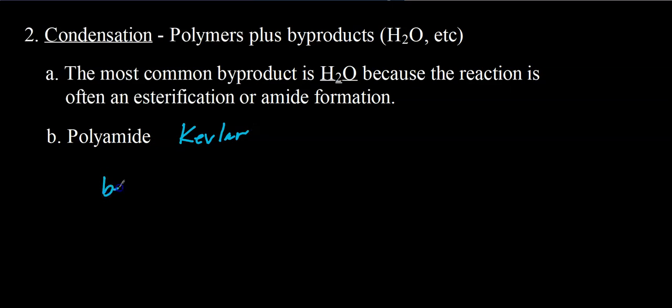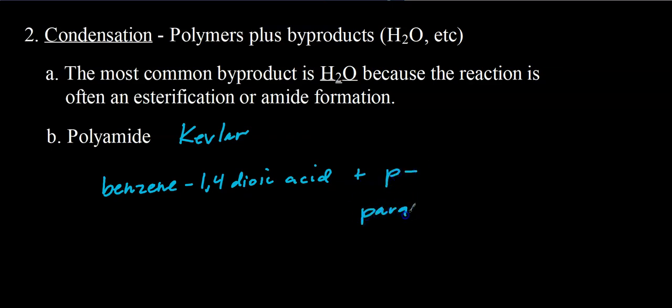And so again, we've got two carboxylic acid functional groups on opposite ends of our benzene ring. So benzene-1,4-dioic acid, and the P stands for para, and para equals 1,4.